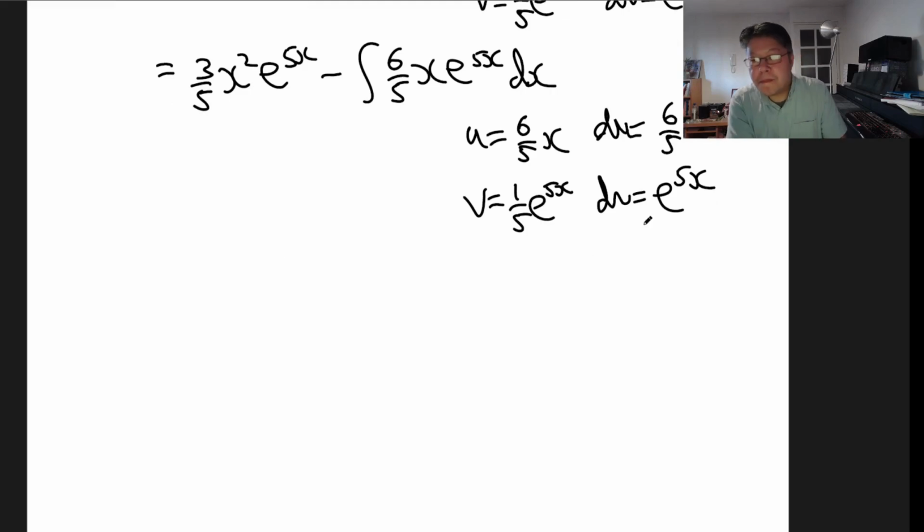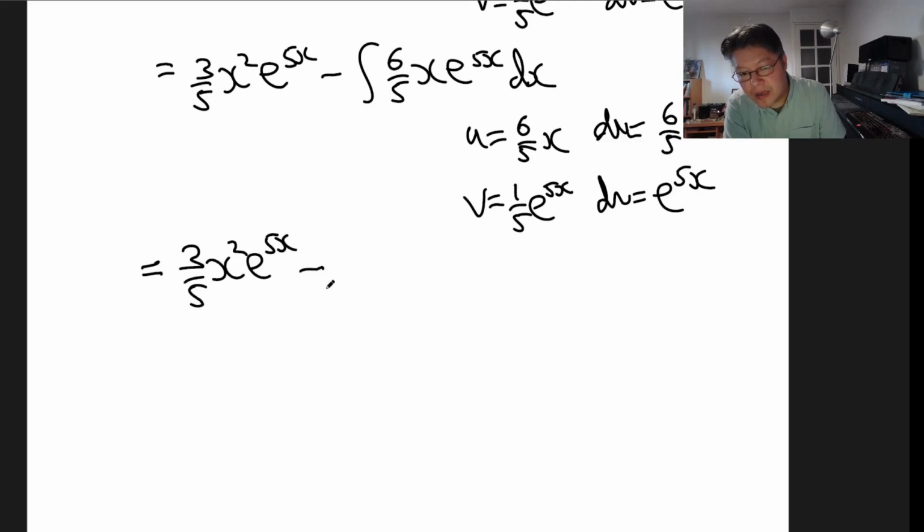Okay, so what I recommend is that we copy everything over here. When I personally do this myself, I don't bother writing this again. I do it at the end, but to avoid mistakes, I think it's best for students to copy this. So we get 3/5 x squared e to the 5x minus, and we want to work this out.